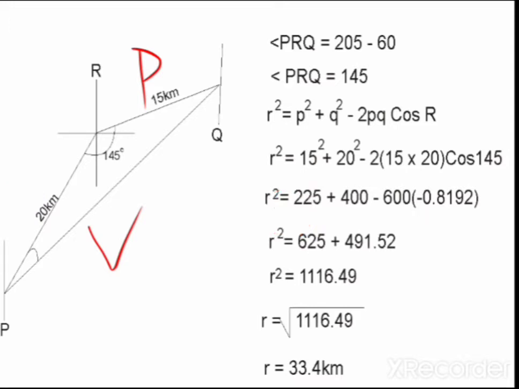Then cos 145 is equal to minus 0.8192. So 225 plus 400 is equal to 625. Then minus 600 times minus 0.8192 is simply plus 491.52.